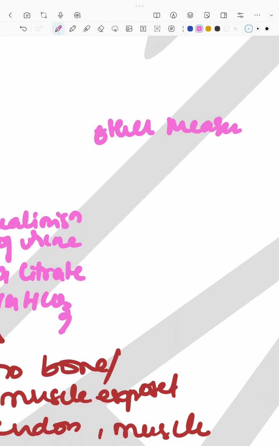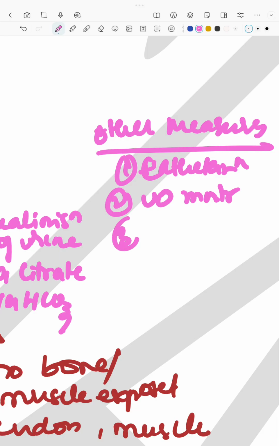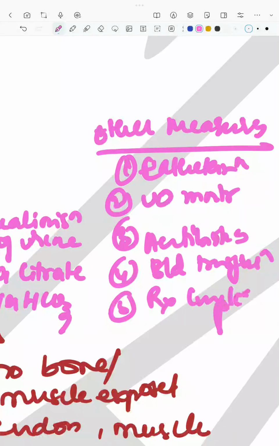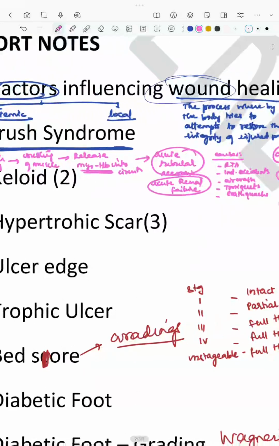Other measures include catheterization, urine output monitoring, antibiotics, and blood transfusion. If there are complications, treat the complications. So this is crush syndrome.